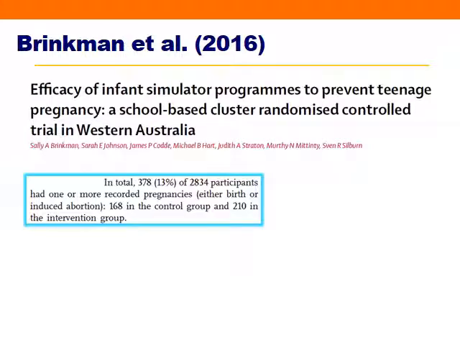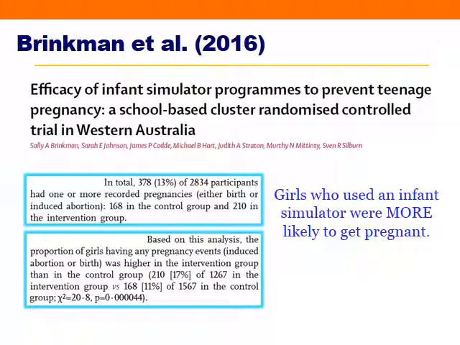Here are some excerpts from the published research paper in which the researchers explained their study and its findings. So overall, 13% of girls who participated in this study did get pregnant before age 20. And here is where they report the results of their chi-square analysis, showing that 17% of the simulator group versus only 11% of the non-simulator group became pregnant before age 20.